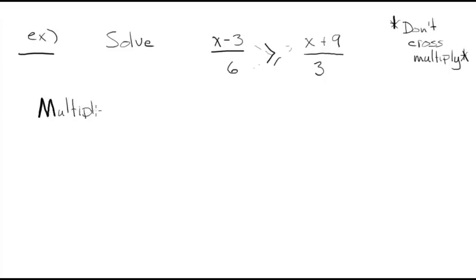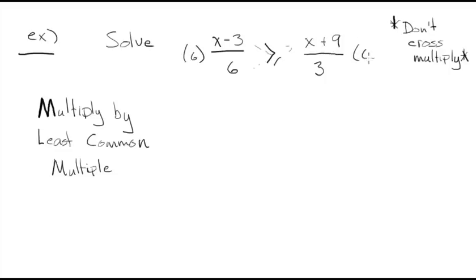You can multiply by the least common multiple of the denominators. So the least common multiple of 6 and 3 would be 6. So if you multiply both sides by 6, that's not an issue because 6 is a positive number, so we don't have to worry about switching the inequality sign.